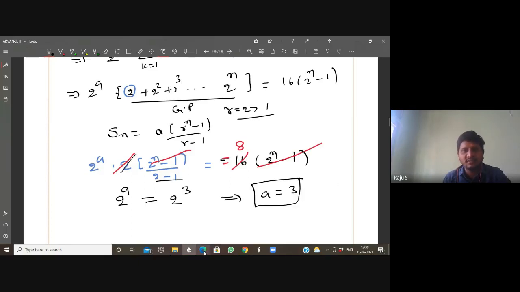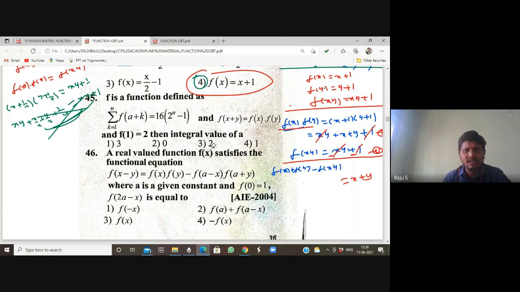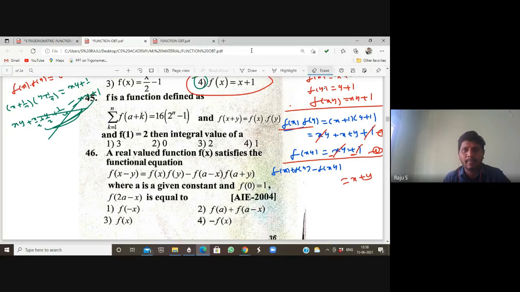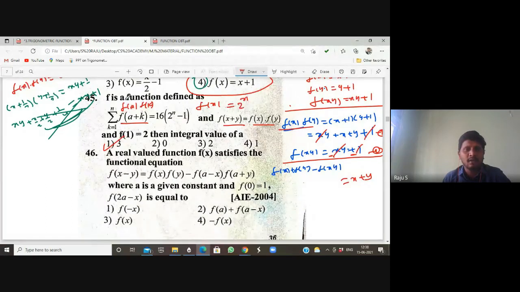So which option is correct? Is there any 3? Yeah, the first option. What I have done here is apply this property. This can be written as f of a into f of k. From this condition, the f function value 2 power x is got. Here f of a is 2 power a, f of k is 2 power k, and 2 power a you can take outside, so 2 power a into the summation of this.